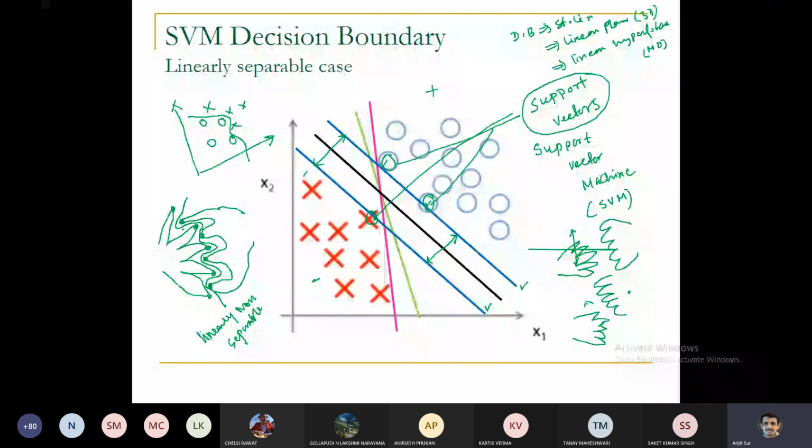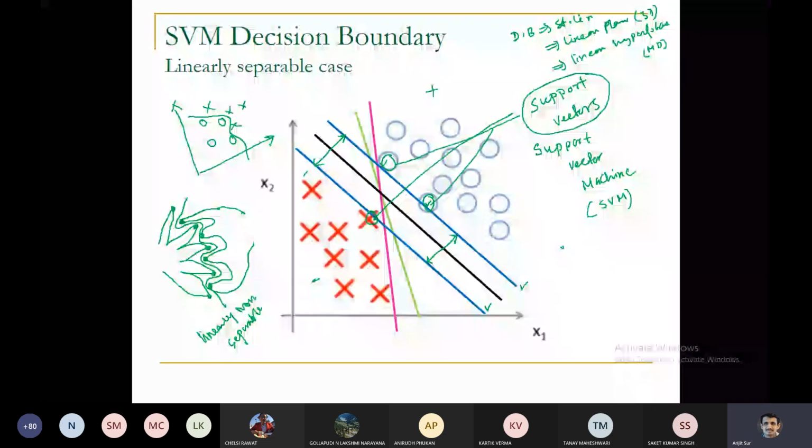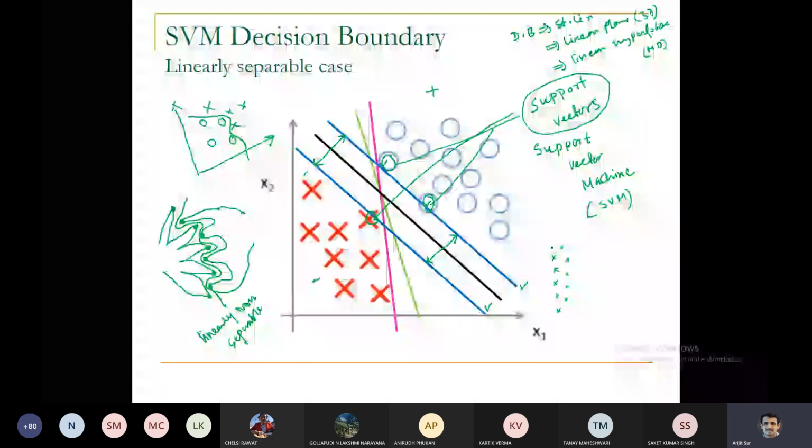Initially the data points are this: this is one hand and this is another hand, the fingertips. So definitely, in that sense, they are basically not separable.